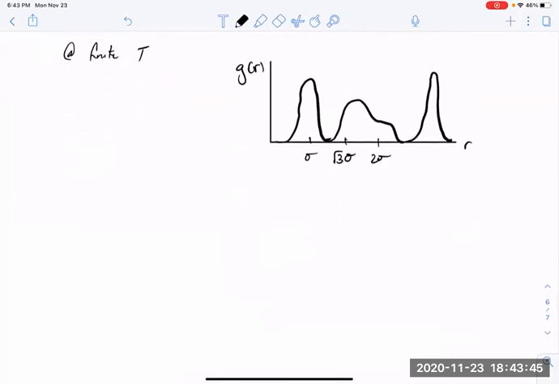What about an ideal gas? That's another reference system we've thought a lot about. What would the G of R look like for an ideal gas?